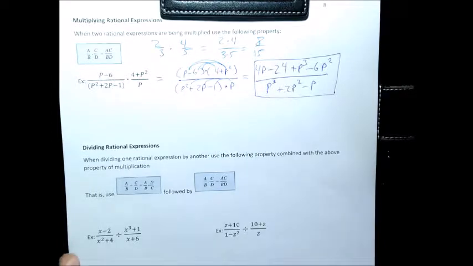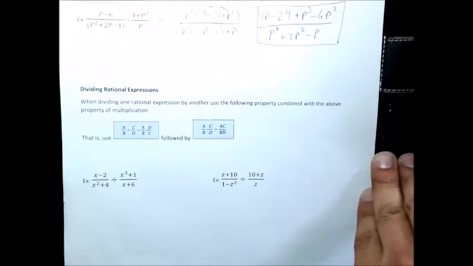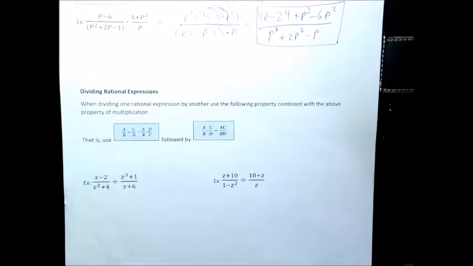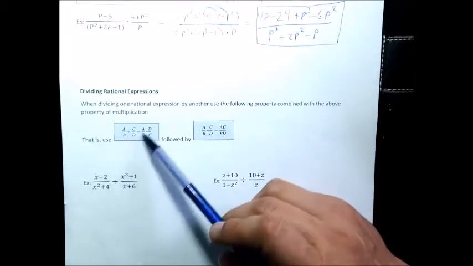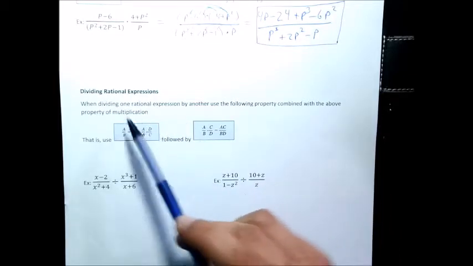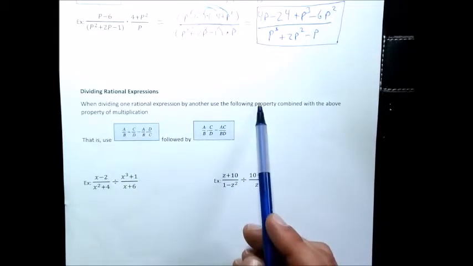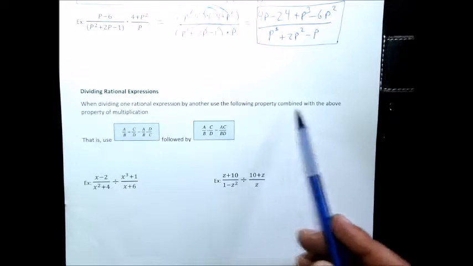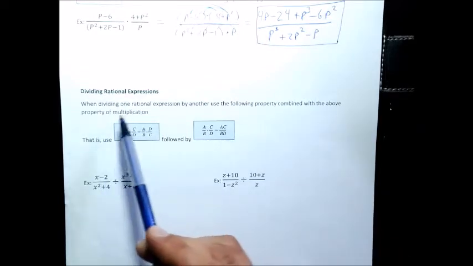Okay, great. So dividing is very similar. I just did one example of multiplying because dividing uses multiplication. And that's what I'm trying to say in these boxes here. When you're dividing one rational expression by another, you use the following property combined with the above multiplication property.